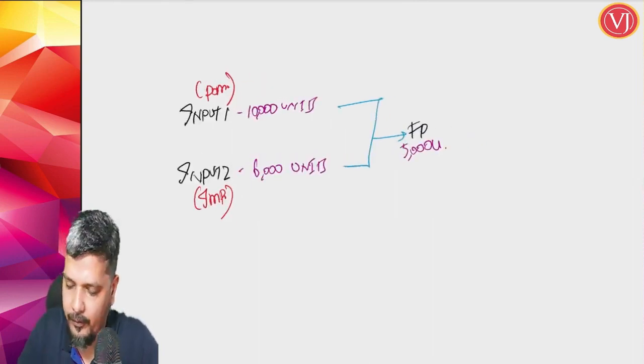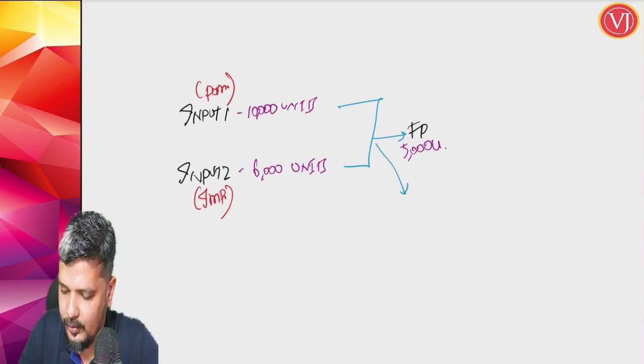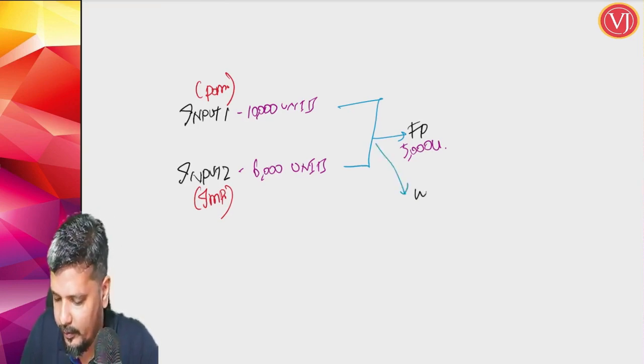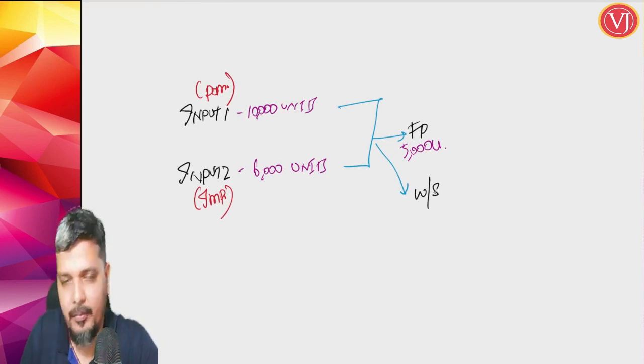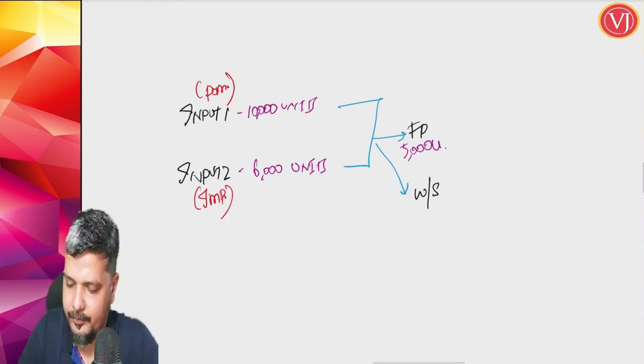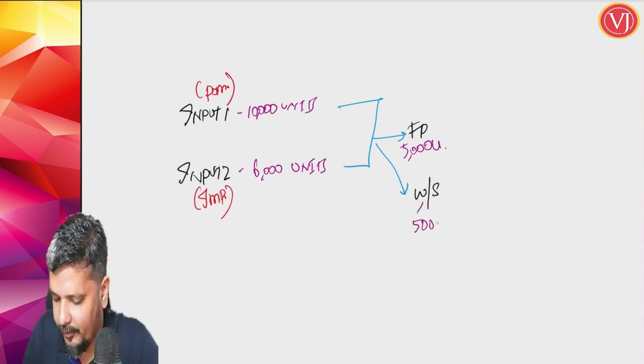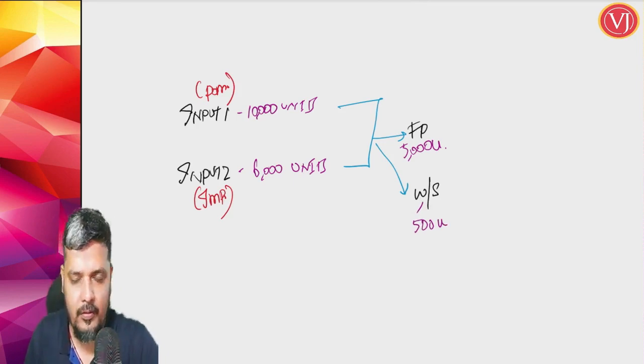Obviously, you also get waste and scrap, say 500 units.